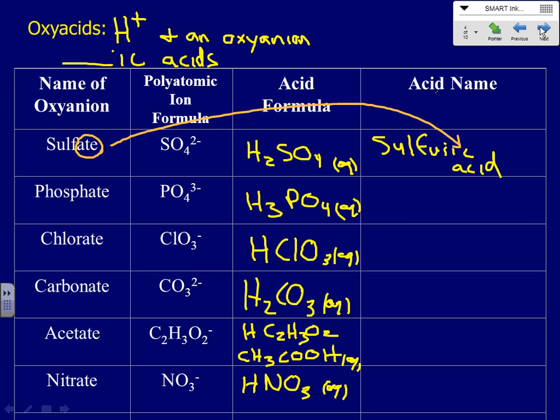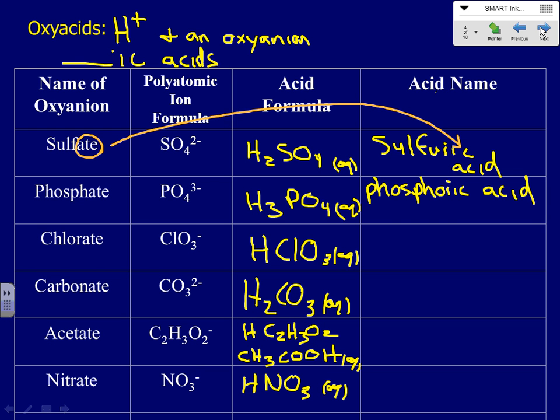Again, it's not as easy as just phosphic. Phosphoric acid, yep. Phosphoric acid. Those two are not quite as easy as changing the ate to ic because I've got to put the U and the O in there. But this one works nice.